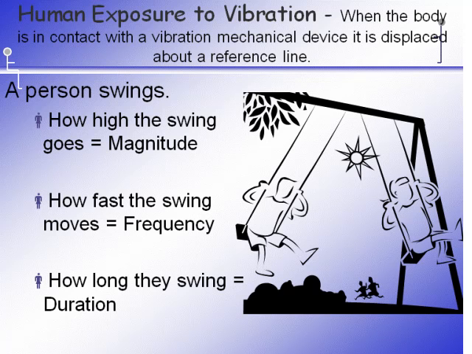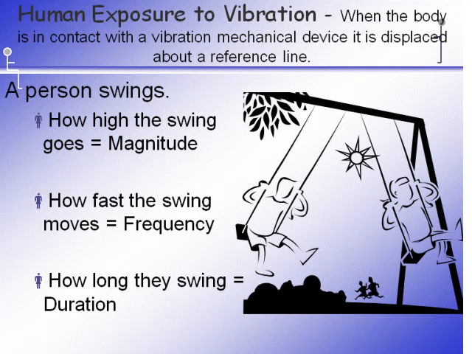So there are three different characteristics of vibration. One way to look at it, and you can really take an entire class on vibration exposure, is by looking at a person swinging back and forth. How high the swing is going is the magnitude of the vibration, so whether it's a high vibration tool versus a low vibration tool.